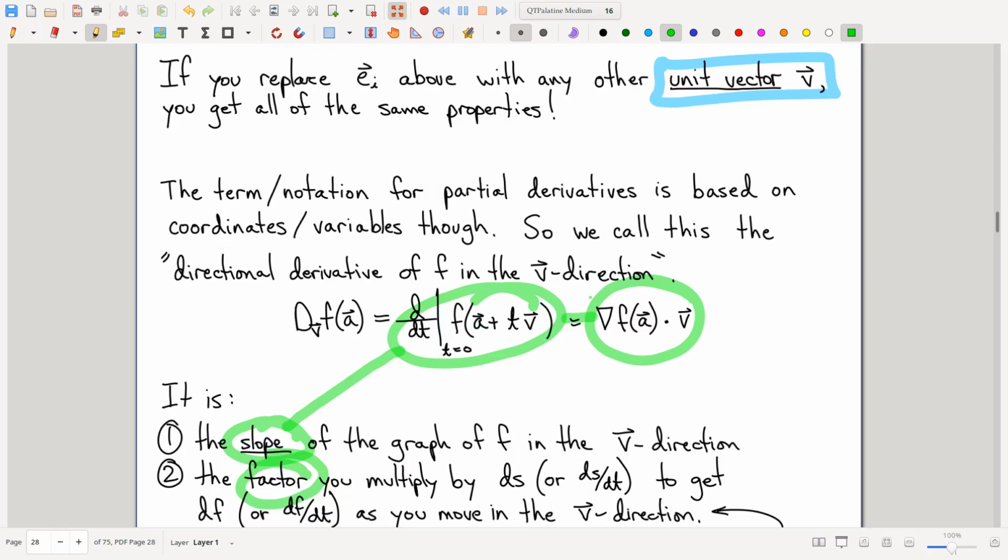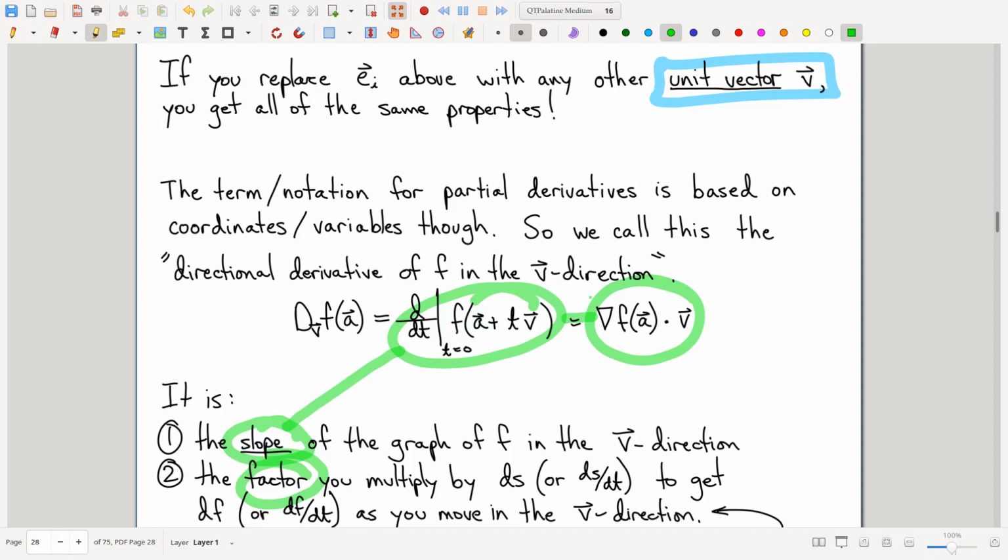So the punchline of what we've done here is we've taken this idea of partial derivative that only makes sense if we're going in the direction of standard basis vectors. Now, yeah, you can go in any direction you want. Take your pick. So this is a powerful concept. It's an amazing concept if you think about it.